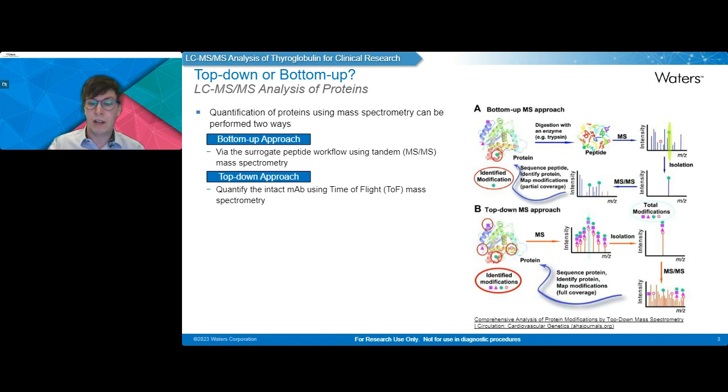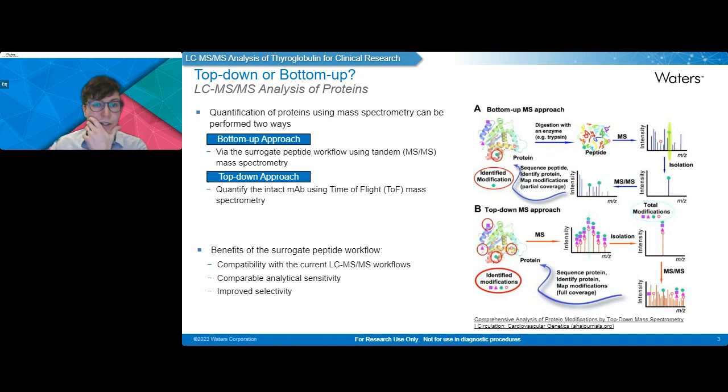We also have an illustration of what a top-down approach is in this instance. An example of that is the quantification of monoclonal antibodies using time-of-flight mass spectrometry. Although this can provide lower levels of sensitivity in comparison to a tandem mass spectrometry approach, more sequence information can be obtained, so it can work well for peptide mapping-based applications.